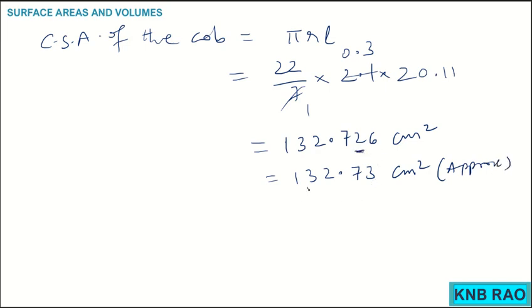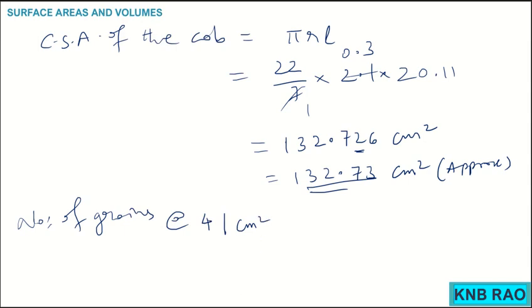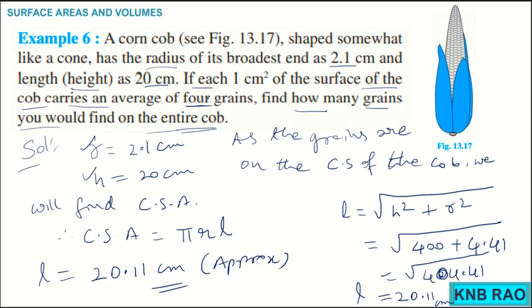You know how to do it, I am not explaining it. Now, moving on to the number of grains at the rate of 4 per 1 centimeter square. That is what they said: for 1 centimeter square, an average of 4 grains are there.